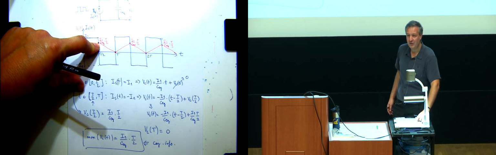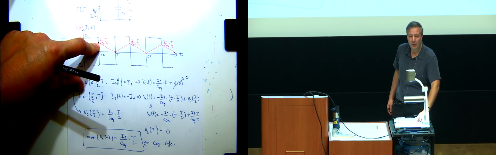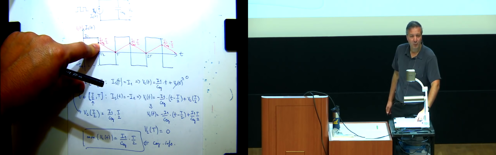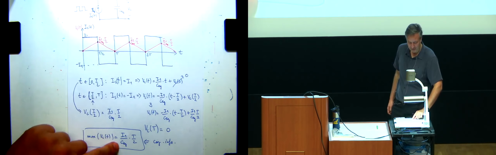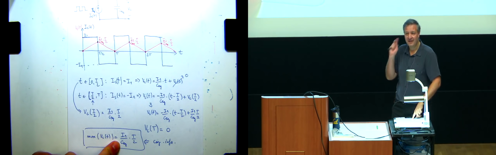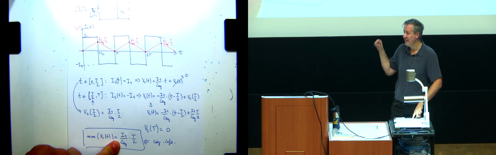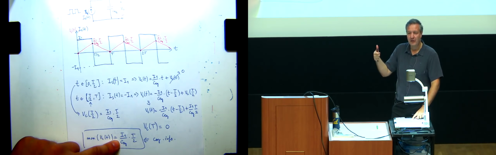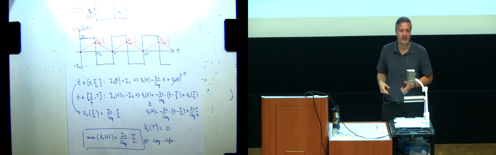If the capacitor is bigger, where does this value go? Increase or decrease? What do you think? If the capacitance increases, does this value increase or decrease? Someone? Decrease, right? If the capacitor increases, the value decreases. That's information. I can use that.